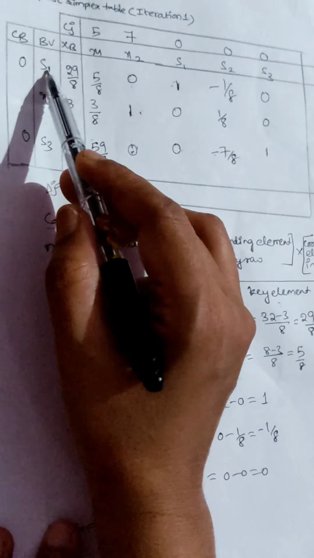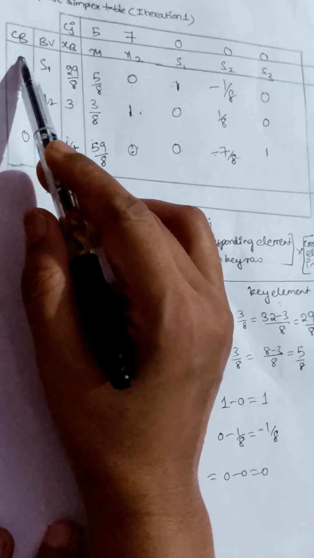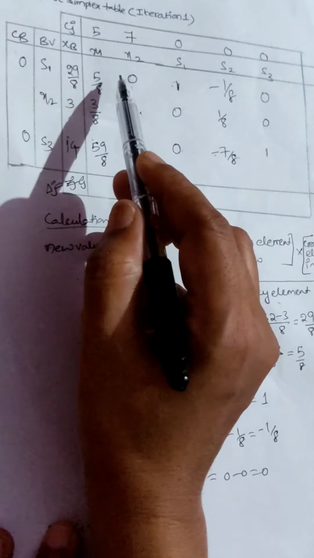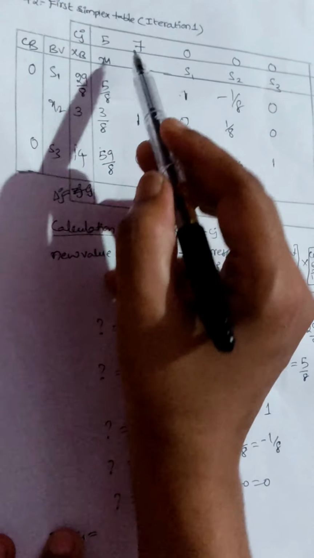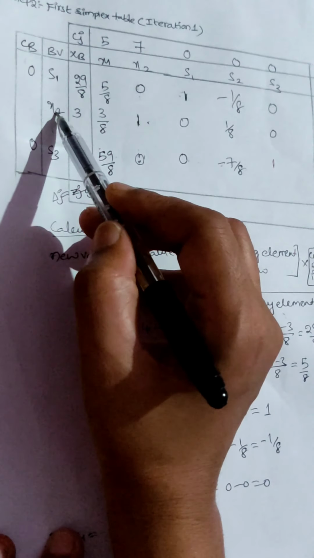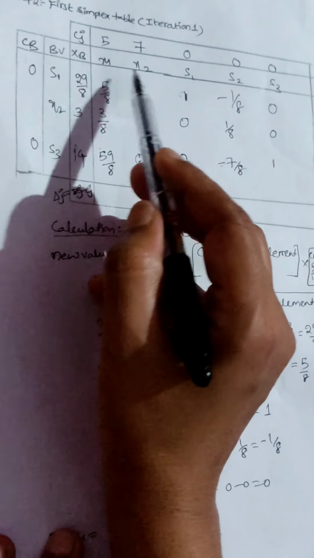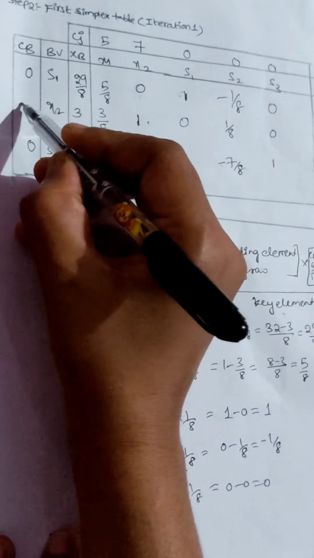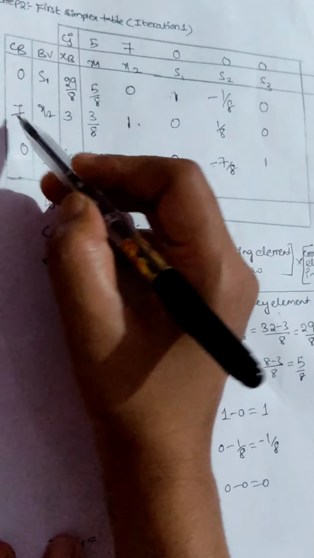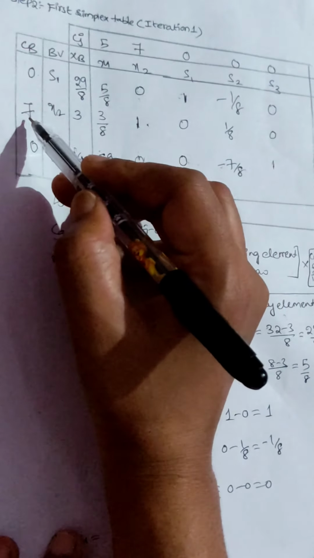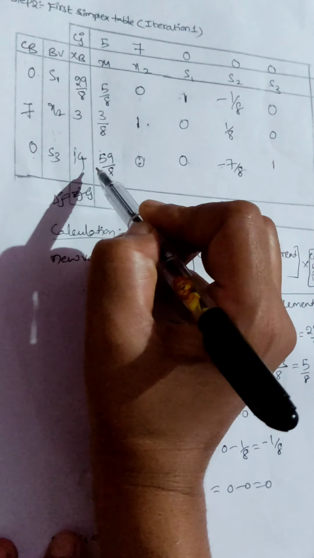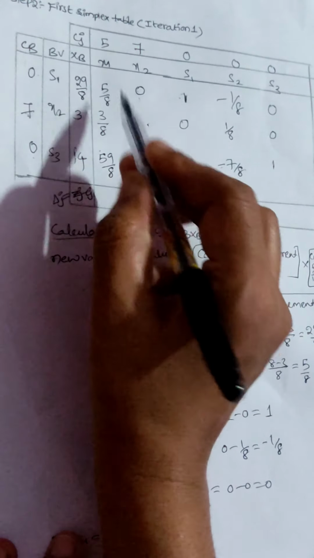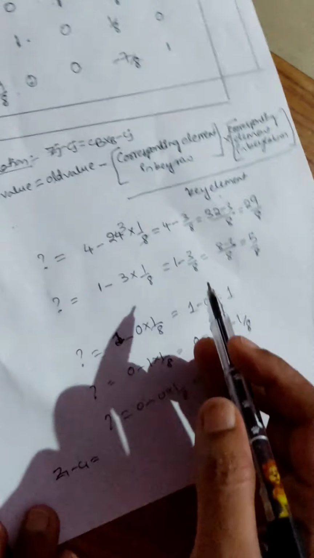See here, for S1 Cb is 0, 0 into 5 by 8 plus here the x2 coefficient, which was entered in the second table, the first iteration of the simplex table, x2 coefficient is 7. 0 into 5 by 8 plus 7 into 3 by 8 plus 0 into 59 by 8 minus 5, we have to do, right?